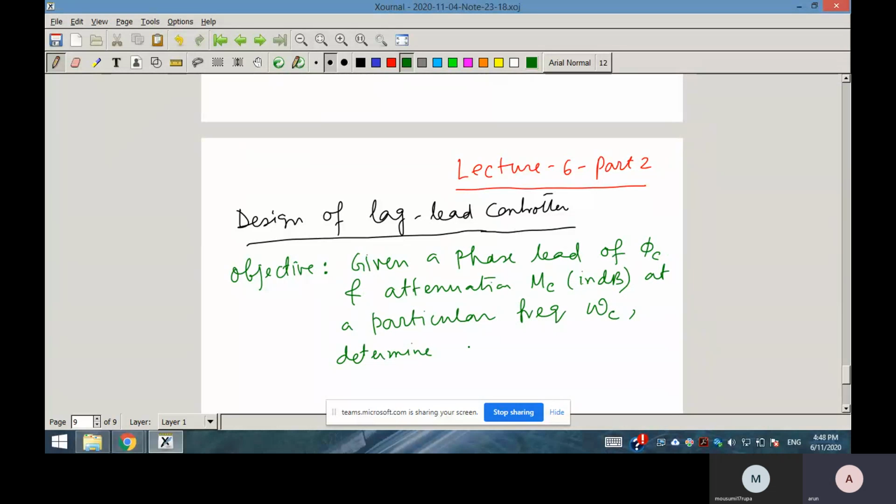What are the controller parameters? A, B, alpha. Because once alpha is known, beta will be equal to 1 by alpha, because alpha beta equal to 1. In this way, we have reduced the two parameters alpha and beta to one parameter. If alpha is not equal to beta, then the design will be complicated. We will be seeing those things.